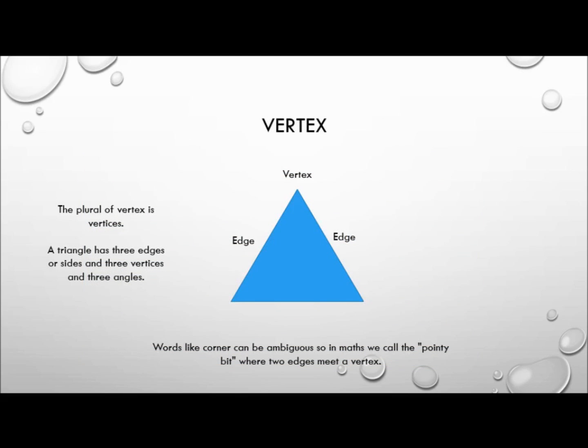Now in maths we don't like the word corner because it's a bit ambiguous. So we tend to say that where two edges meet, that's a vertex. It's basically the pointy bit. The plural of vertex is vertices. Now a triangle has three edges or three sides and three vertices and three angles.